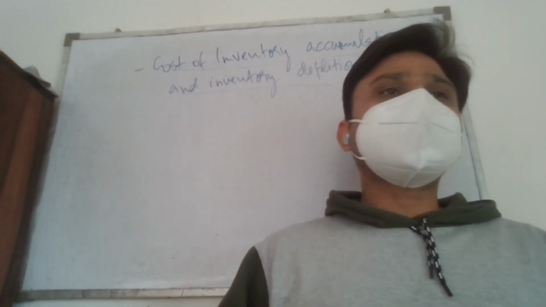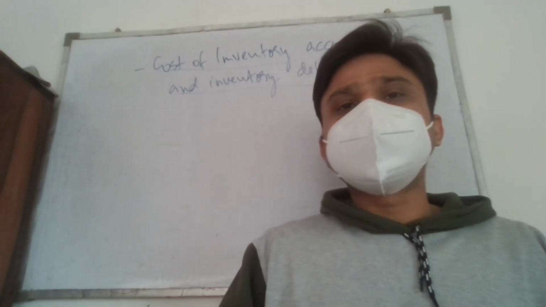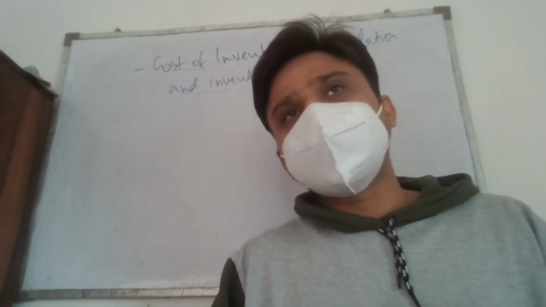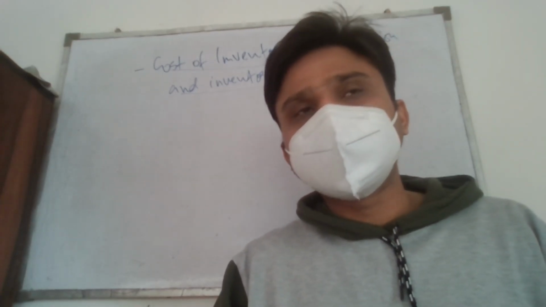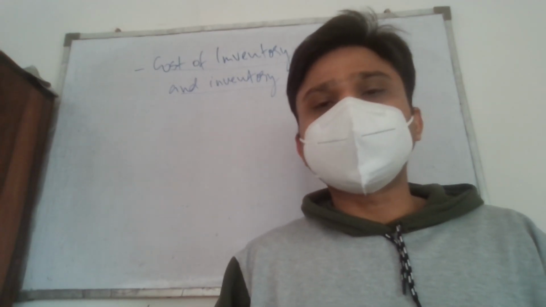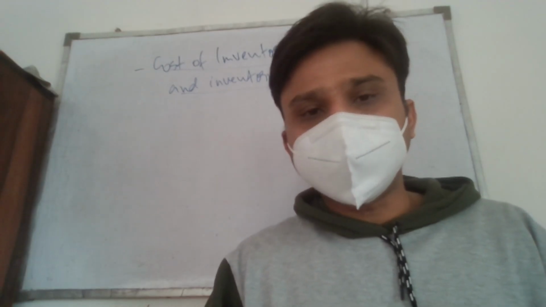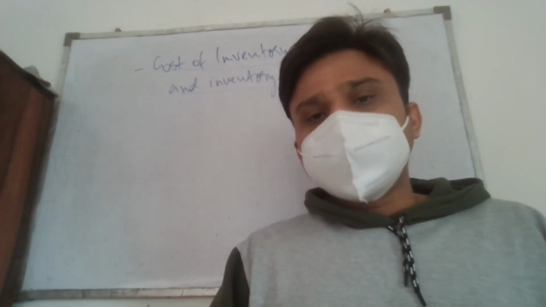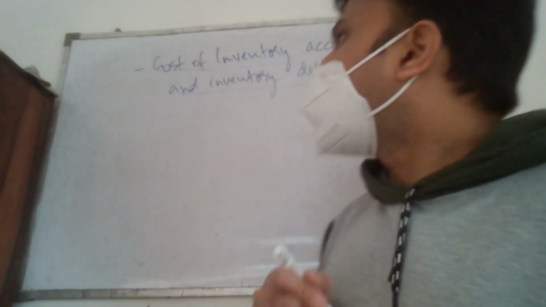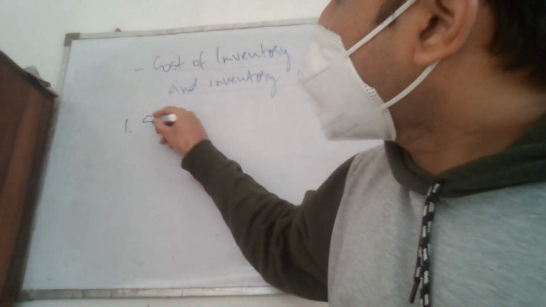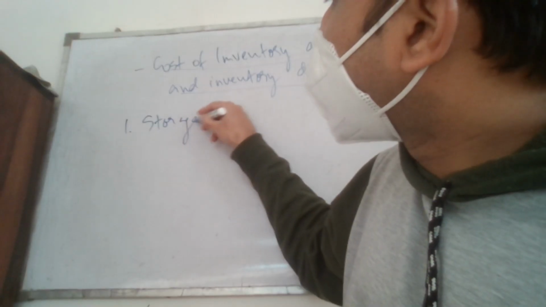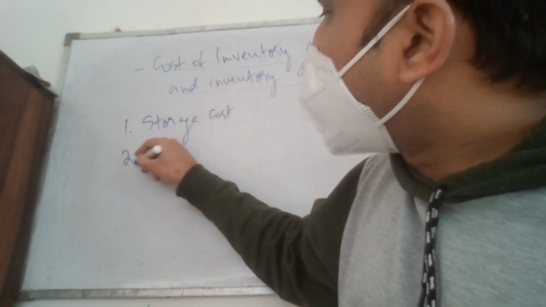Capital cost means that once we have invested capital in procuring a product, it is stuck with the product unless the customer is able to furnish the order. So our capital gets tied up. There are two major kinds of cost: the storage cost and the capital cost.